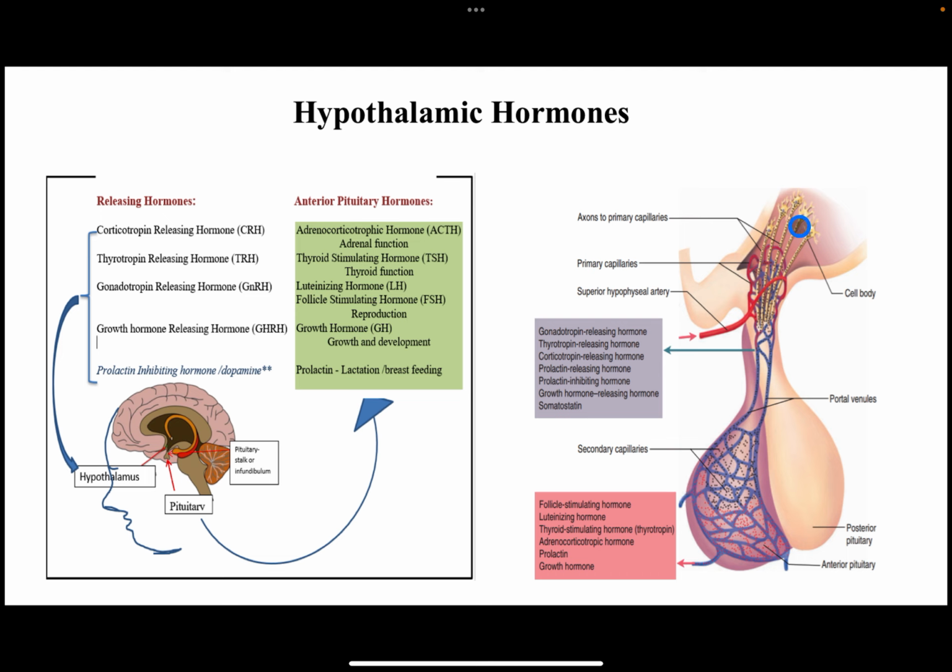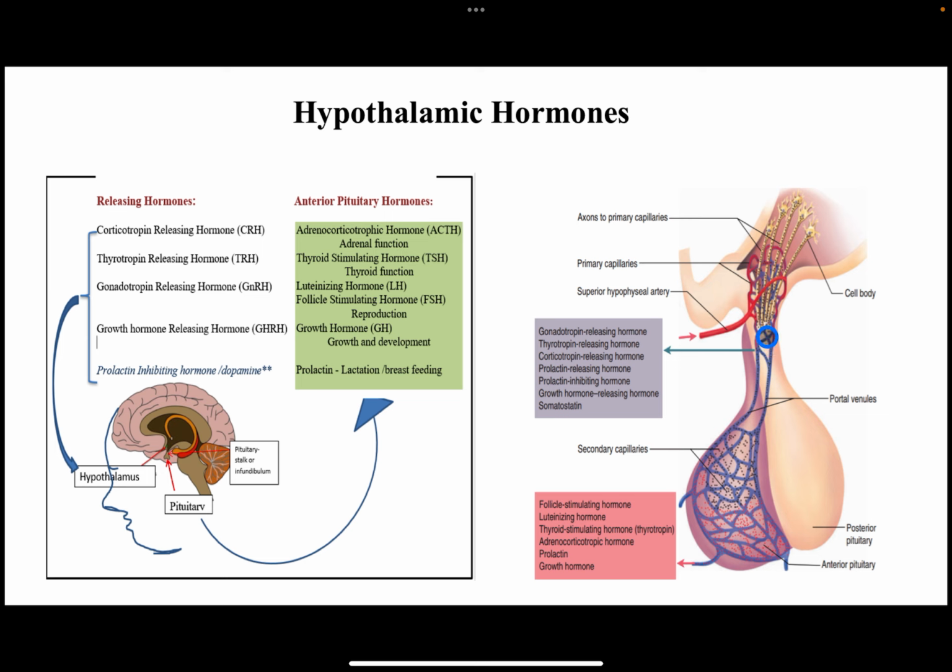Okay, and you see some neurons over here. You see these neurons, nerve fibers. Their nucleus, or their head, is within the hypothalamus, but their axon terminals are within the posterior pituitary. So there are some hormones that are produced in the hypothalamus, the antidiuretic hormone and then oxytocin. They are produced here. They are transported along the axons of this nerve fiber.